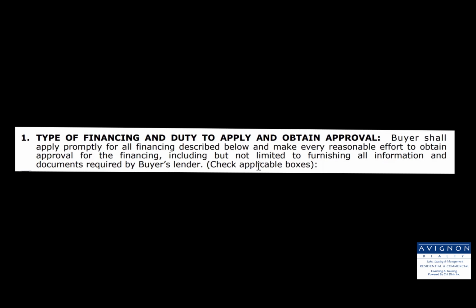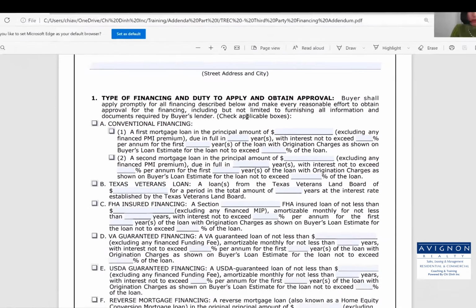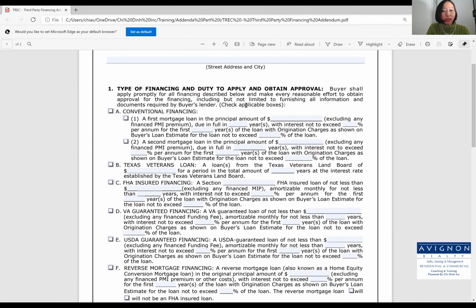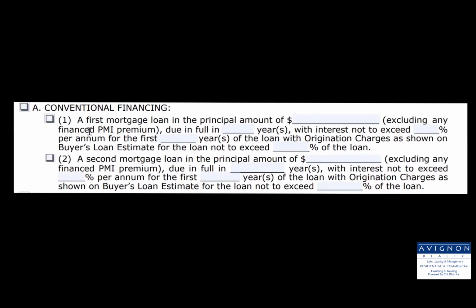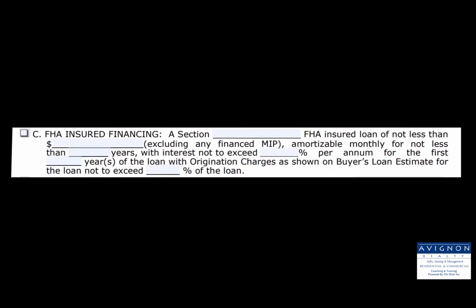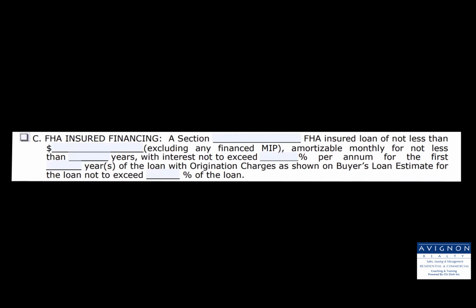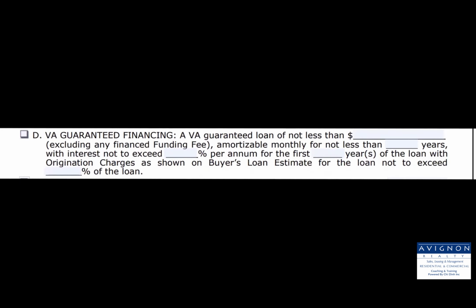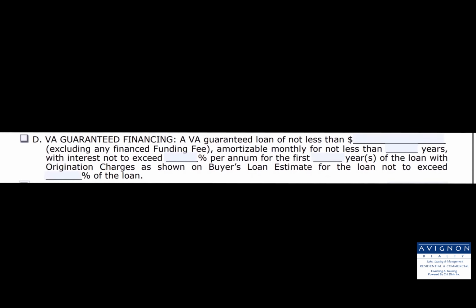And this is, the buyer shall apply promptly for all financing described below and make every reasonable effort to obtain approval for the financing, including but not limited to furnishing all information and documents required by buyer's lender. And you see here, there's conventional financing, then there's Texas Veterans Loan, Federal Housing Administration Insured Financing, VA Veteran Affairs Guarantee Financing.